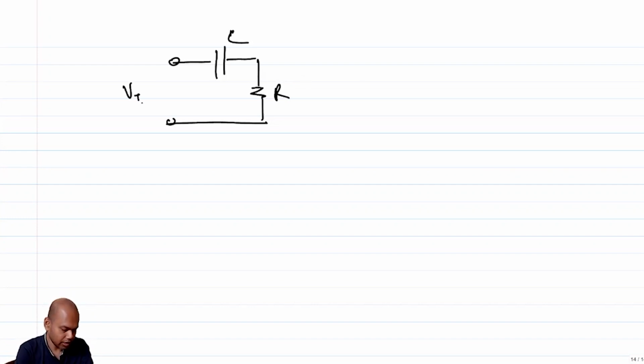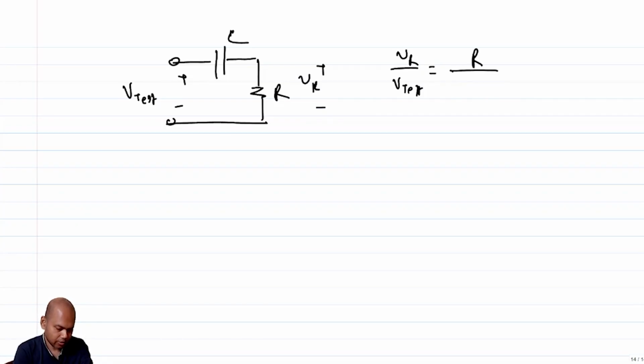If this is V test, your VR over V test is R by R plus 1 by j omega C. If you are operating at a frequency where 1 by omega C is much greater than R, that is omega is much less than 1 over RC.